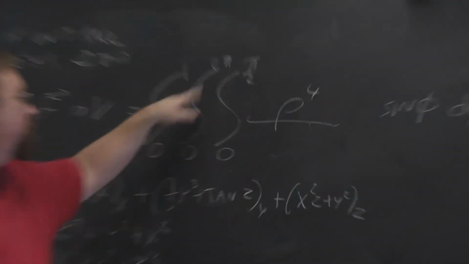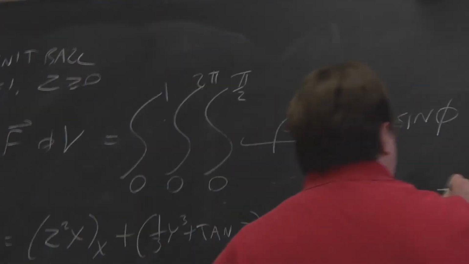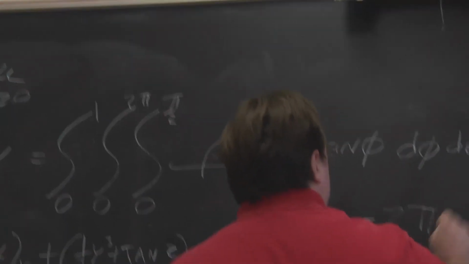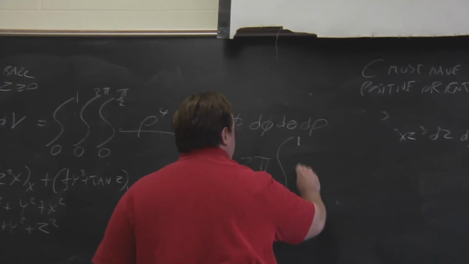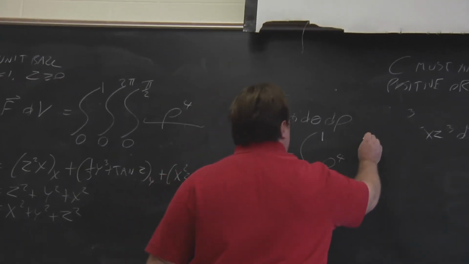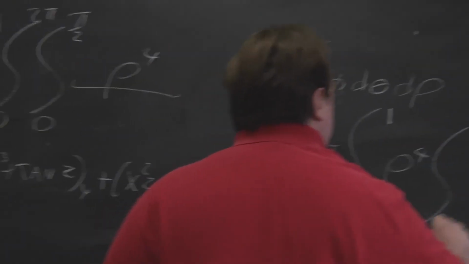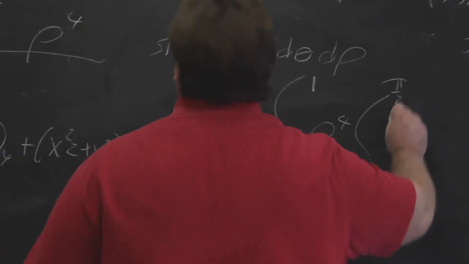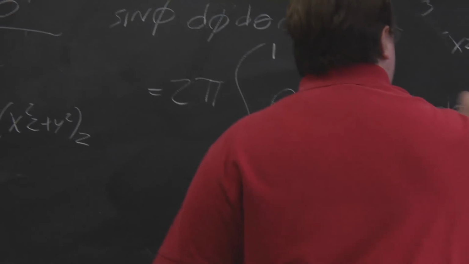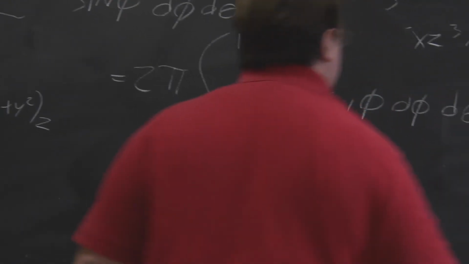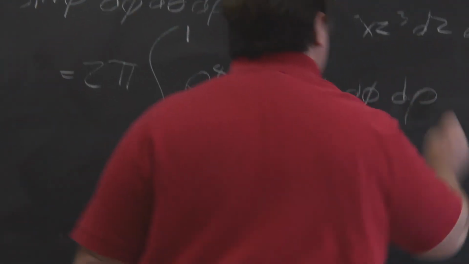Theta runs from 0 to 2 pi. So I can pull out a 2 pi, and there's no more integral with respect to theta. So we're going to have rho to the 4th out here, and then from 0 to pi over 2, sine phi d phi, d rho, rather.